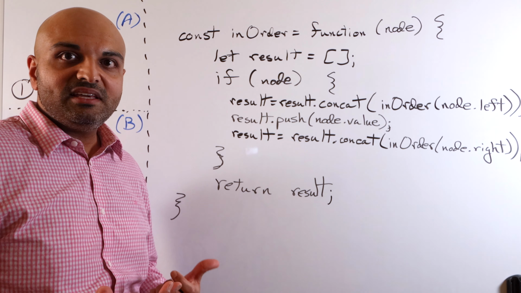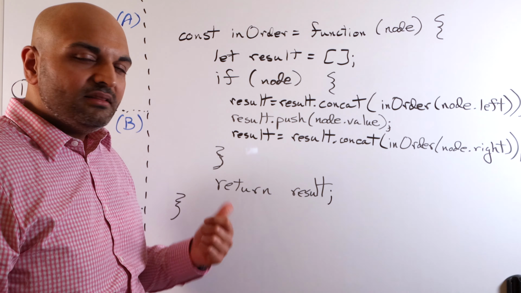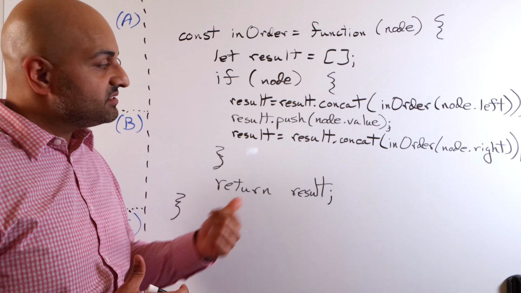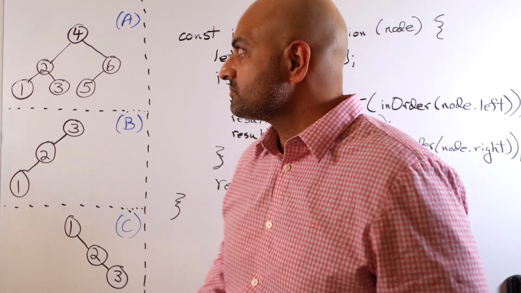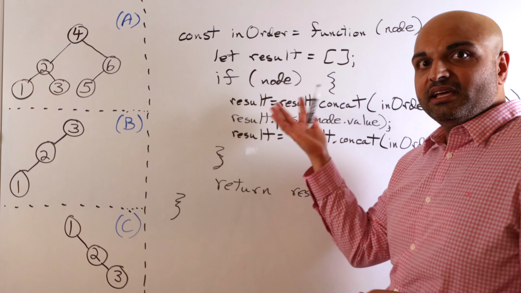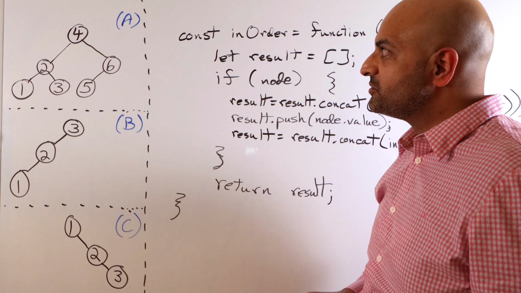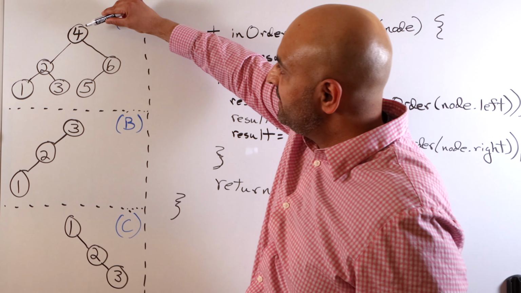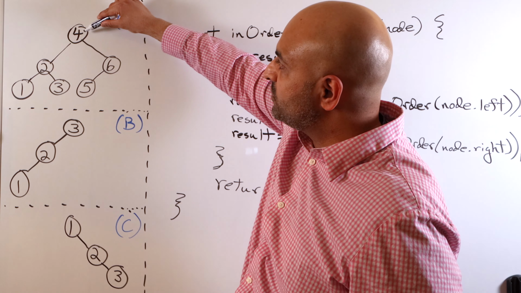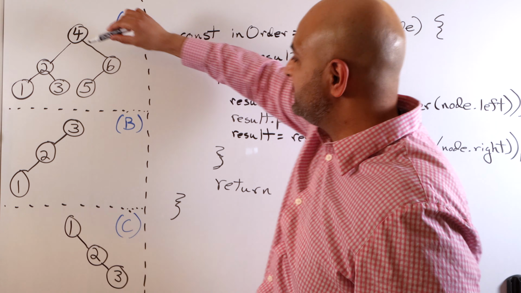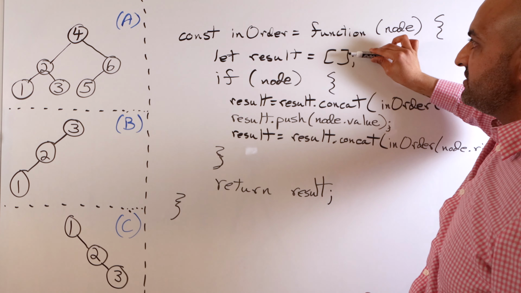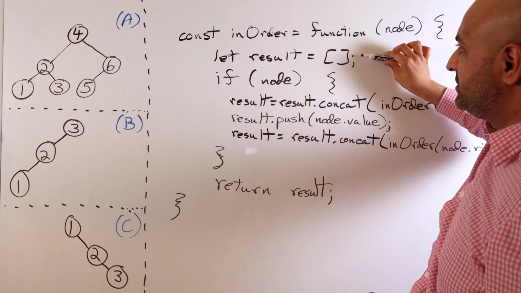So if this seems confusing, let's walk through some examples and see how this code works out. Let's look at this in-order code and see how it works against these 3 binary search trees we've defined. If I started up here and was given a reference to the 4 node, I come in here and say, okay, let result equal an empty array.